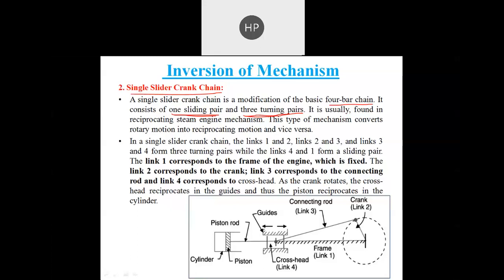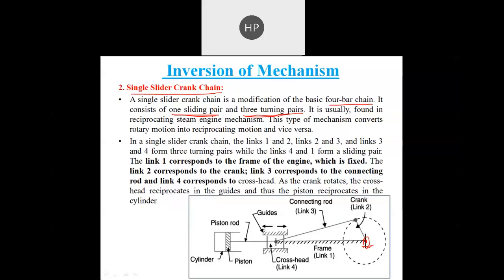In a slider crank chain, this is link 1, which is fixed to the frame. Then this is link 2, this one is link 3, and link 4.